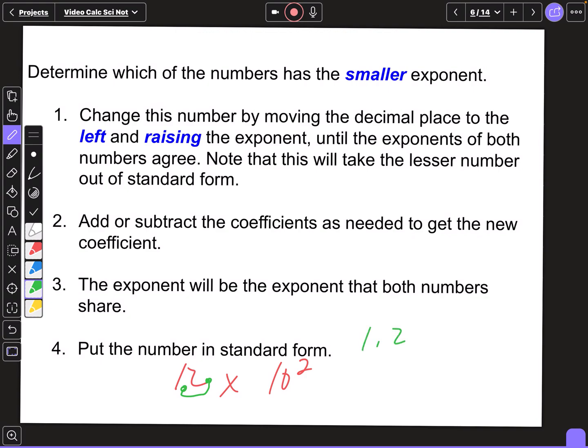Since I moved to the left one place, that becomes 1.2 times 10. I went over one place, that's a positive place, so it'll be 2 plus 1. So that would give me an exponent of times 10 to the third. So we always need to put our answers back into the standard form if, when we add or subtract or multiply or divide, it takes it out of our standard form of scientific notation.